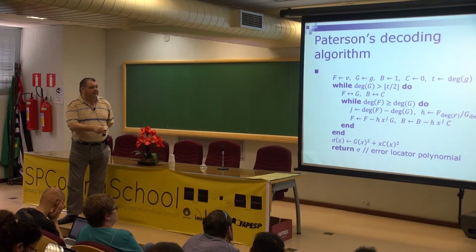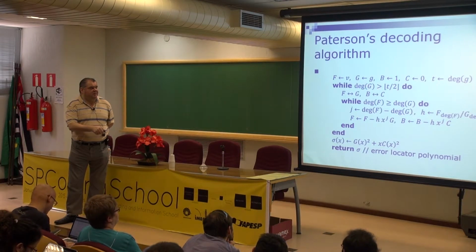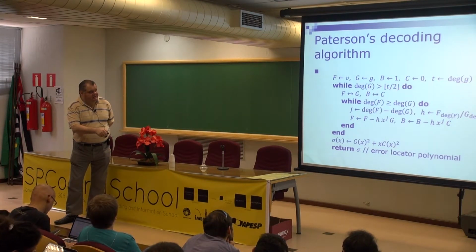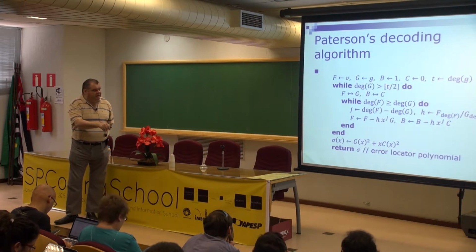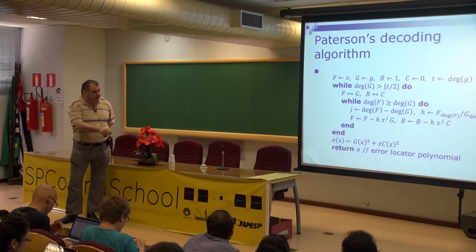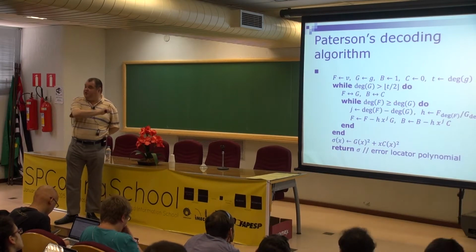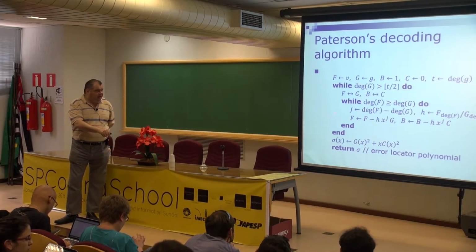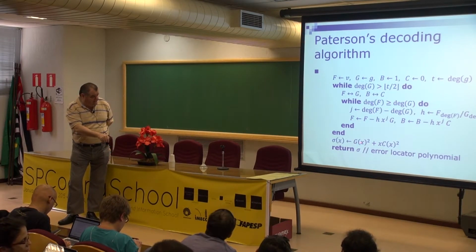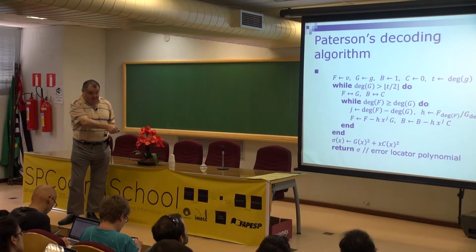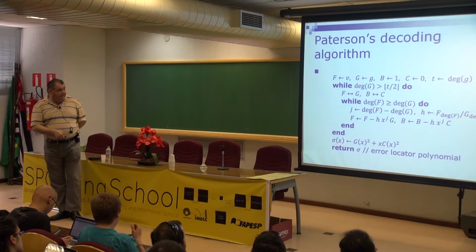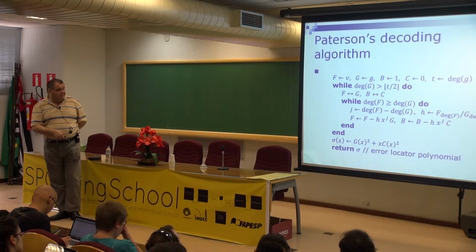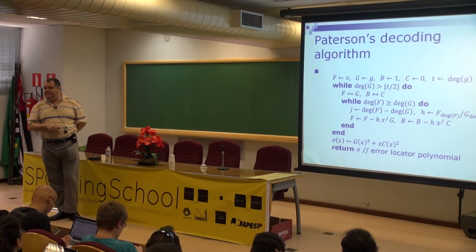We impose that we stop when the degree of G is not larger than half T, because G will play the role of polynomial A, and C, this other variable here, will play the role of polynomial B. So in the end we get the error locator polynomial sigma this way.